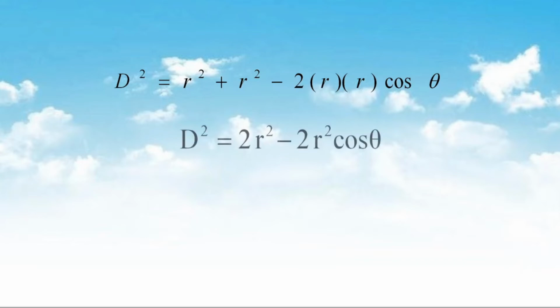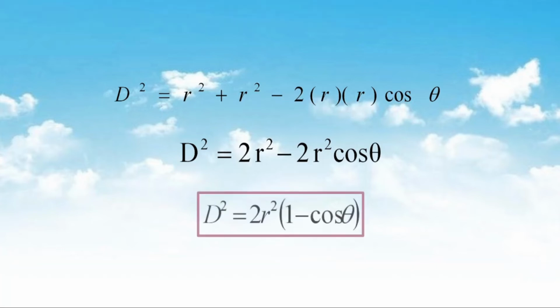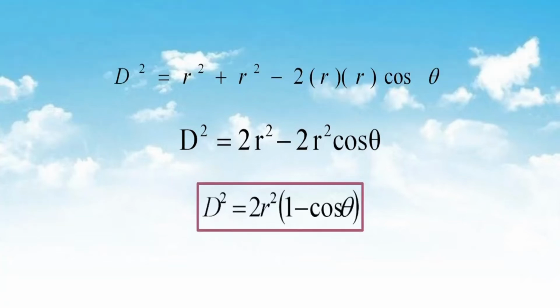Simplify and we get d squared equal to 2r squared minus 2r squared multiplied by cos theta. Factorize and finally we get d squared is equal to 2r squared multiplied by 1 minus cos theta.